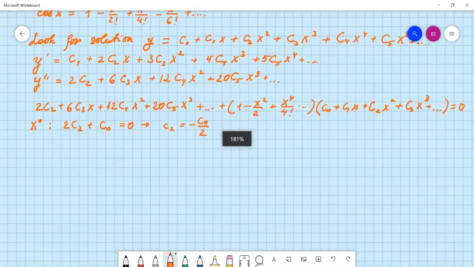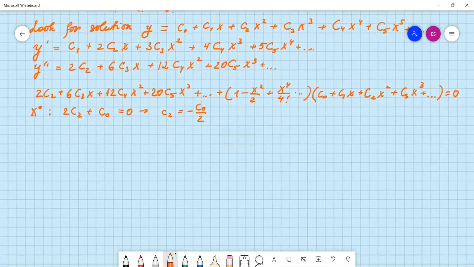Yeah, that's going to be super boring for the next 10 minutes, I guess. X to the power of 1 is going to be 6C3, right? That's the term with power of 1. And over here, do we have a term with power of 1? Well, if I multiply 1 by C1x, I'm going to have power of 1, right? So it's C1.